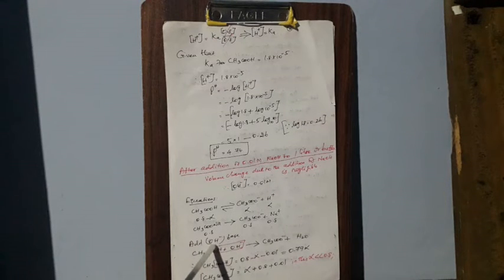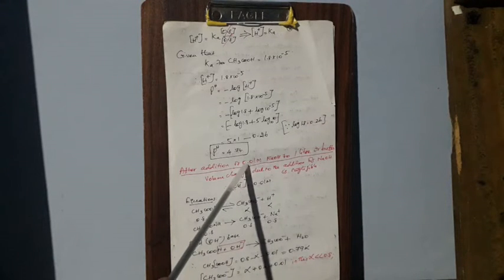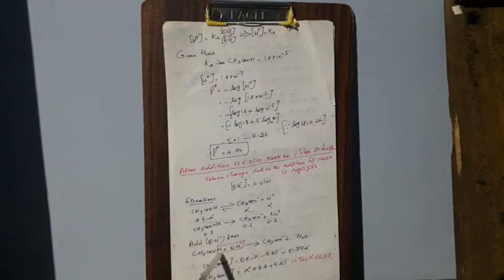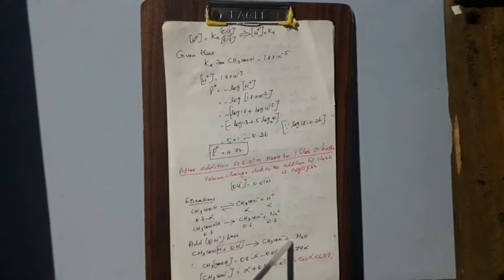Now add the base. The question says 0.01 mole of NaOH is added. CH3COOH plus OH minus gives CH3COO minus plus water molecule. H plus and OH minus combine to produce water.